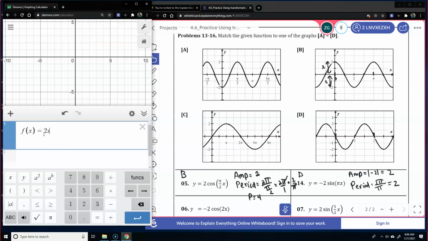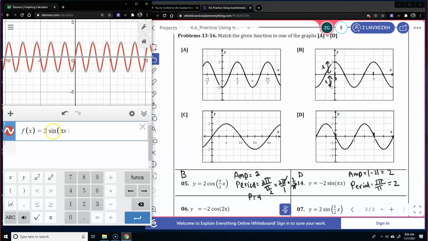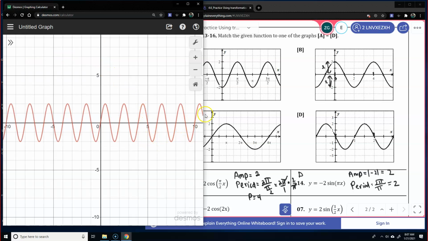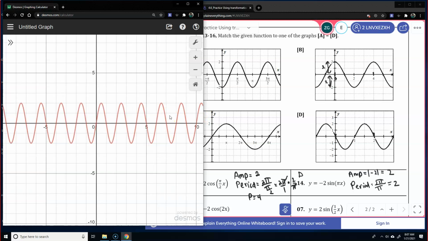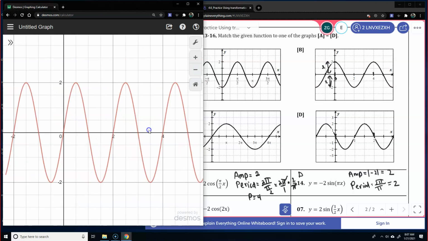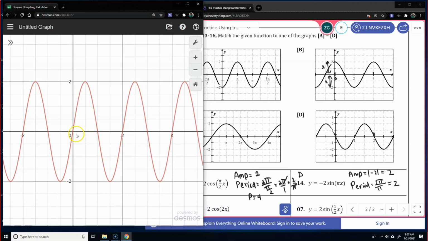And I am purposely not writing the negative so you can see why. If I make it larger, you notice that it looks like this.